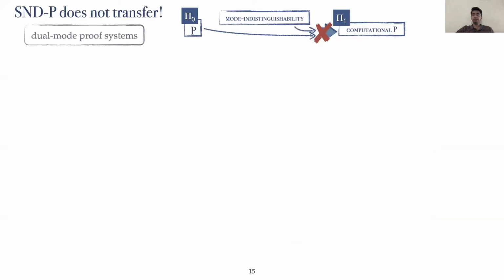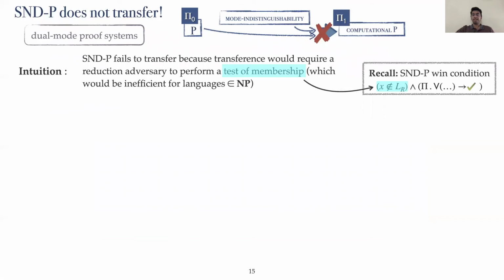We now show that for dual mode proof systems, the penalty style definition of soundness does not transfer. The intuition is that this property fails to transfer because transference requires a reduction adversary to test for membership in the language. As we have mentioned, languages of interest are in NP, which means that membership tests would be inefficient.